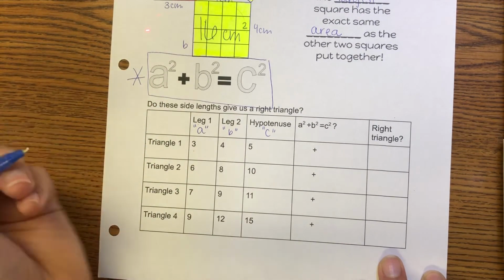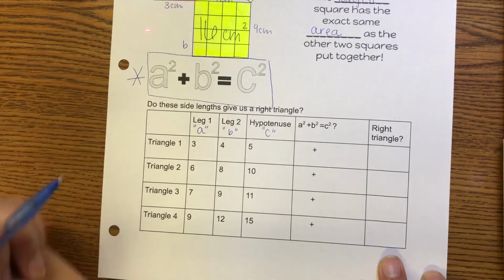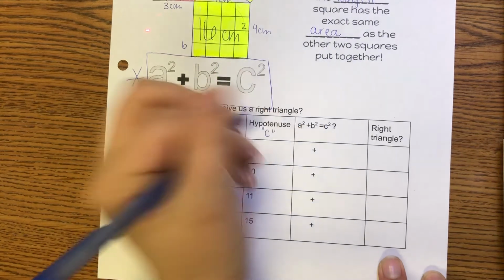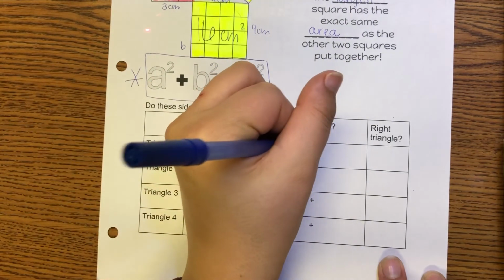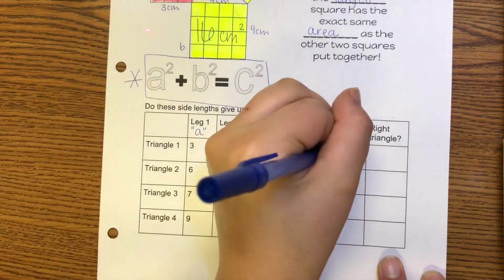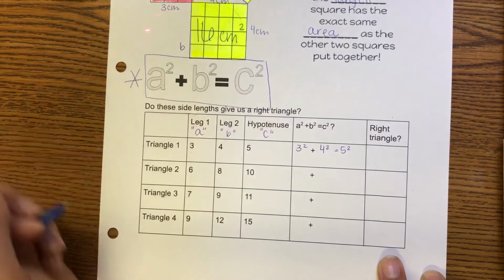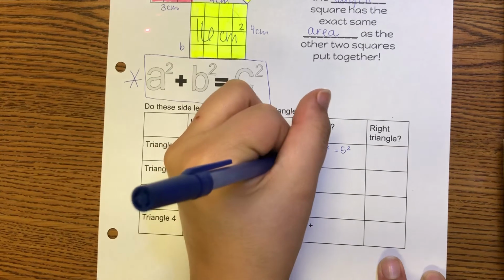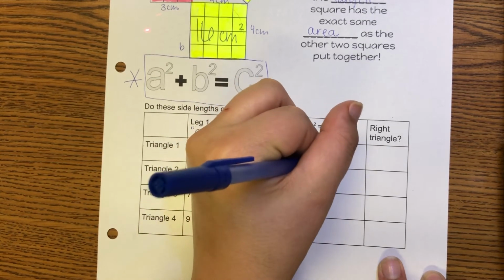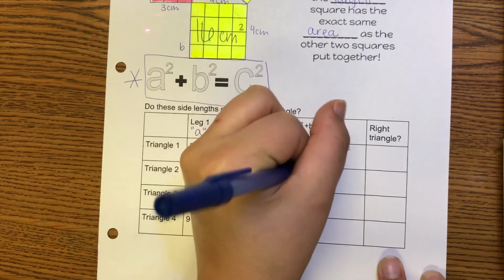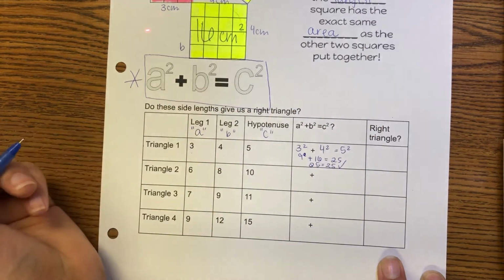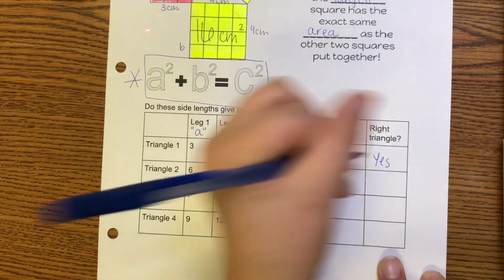So right here, if I do A squared plus B squared equals C squared, I would have 3 squared plus 4 squared equals 5 squared, right? So I get 9 plus 16 equals 25. Well, 25 equals 25, that is true. So yes, this is a right triangle.